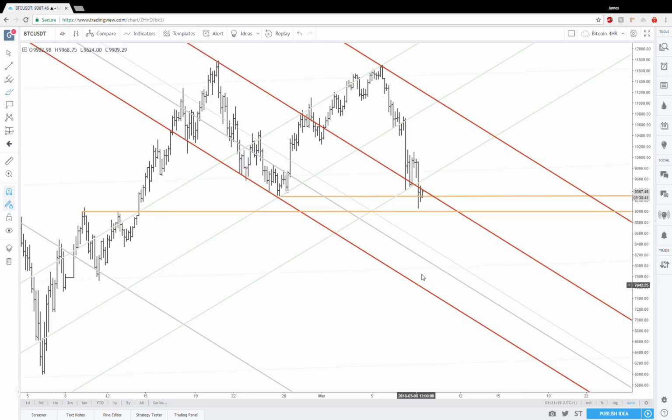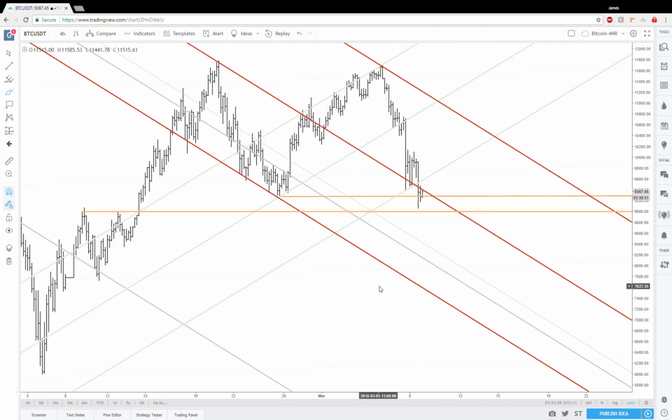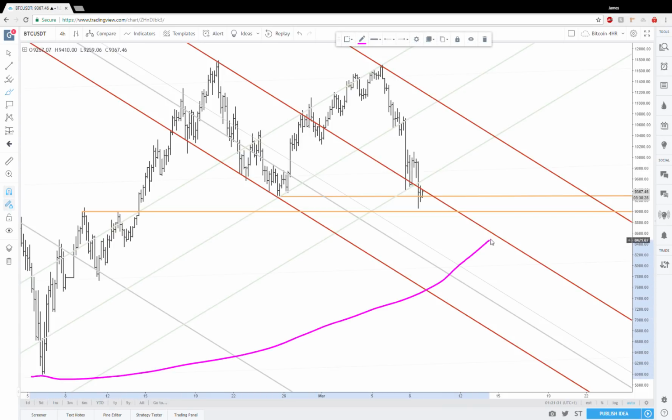So what I originally thought was that we would enter roughly the 8s to mid-7s, create a higher low, but create a longer-term uptrend structure for the market.